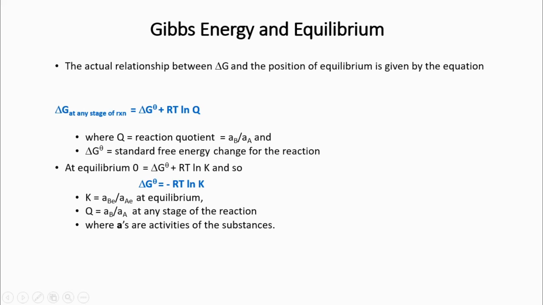The reaction quotient is calculated the same way. It is the activity of the products raised to their coefficients over the activity of the reacting species raised to their coefficients. So you realize that the equilibrium constant and reaction quotient are calculated the same way, basically from the same equation. So what is the difference?